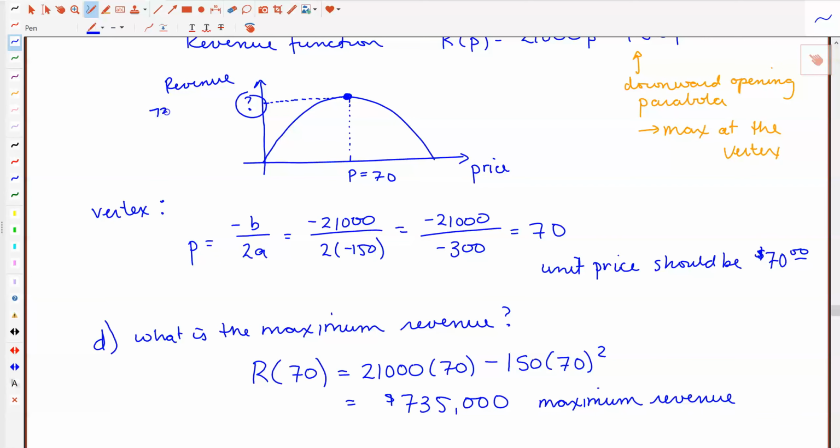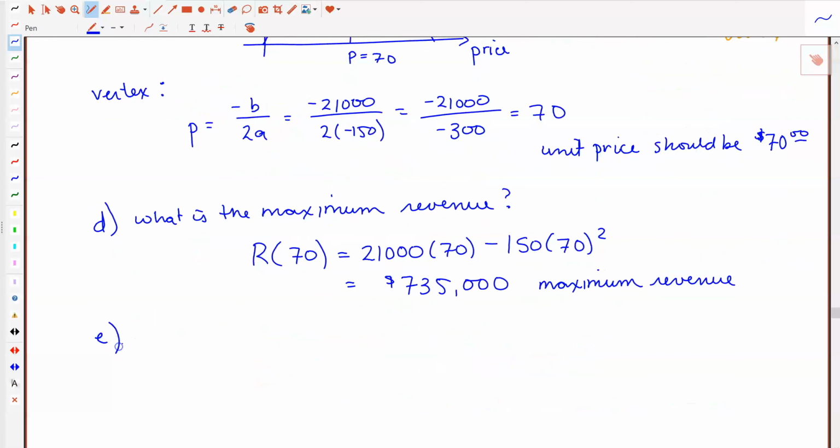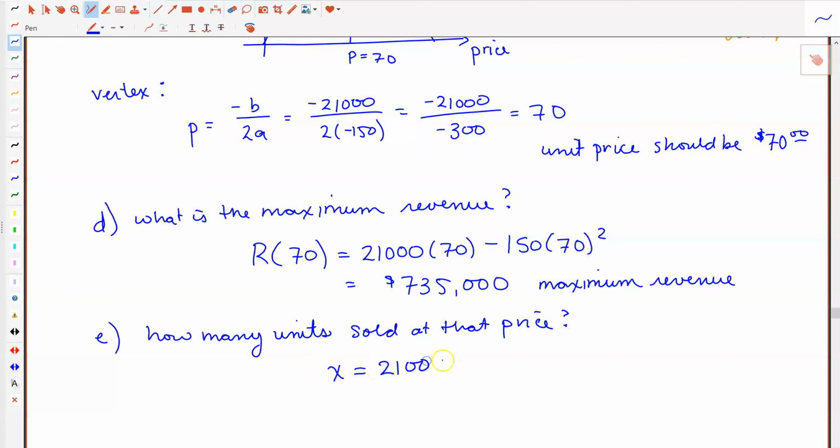All right, so we have found our maximum revenue, $735,000. For part E, that part asks us, how many units are sold at that price? This goes back to your demand equation. The demand equation relates the units sold x to the price p.